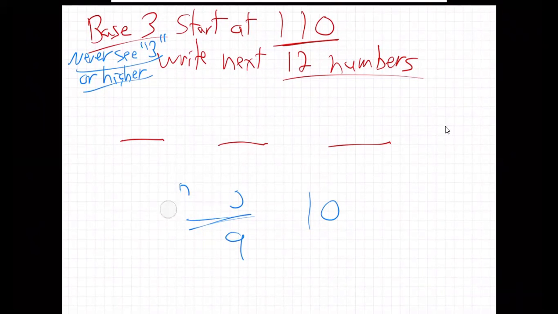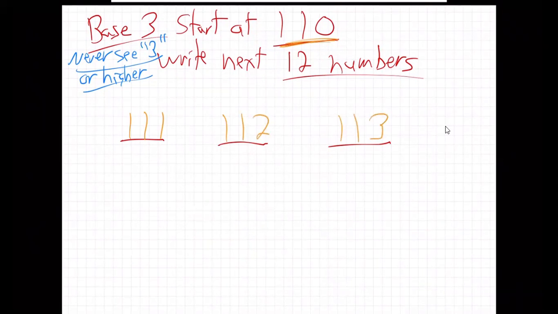Okay, so let's do it. After 110 comes 111, then 112, then 113. Hold up there though. We can't have a 3 in base 3. As it says over here, we're never going to see a 3 or higher. What do you do?